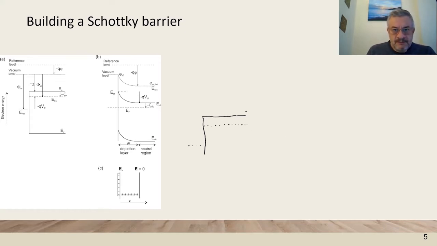Then we have to change the electrostatics at the surface so that this region will be shifted down, so that in the final situation we have the neutral region in the bulk, where the Fermi level is at a fixed distance of the conduction band.